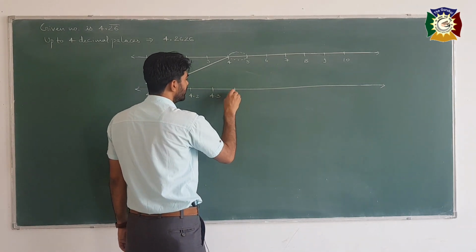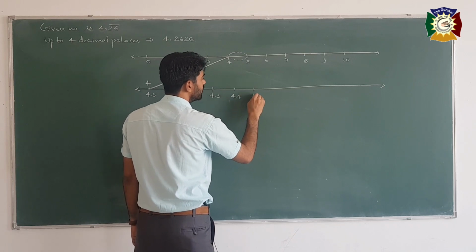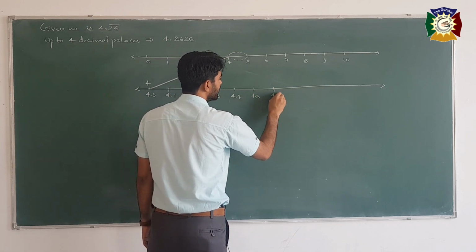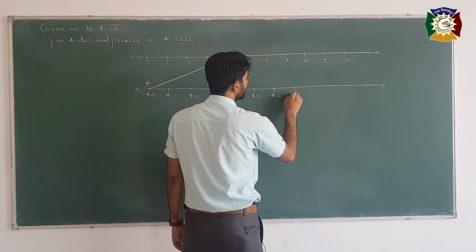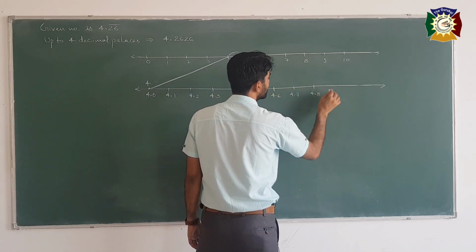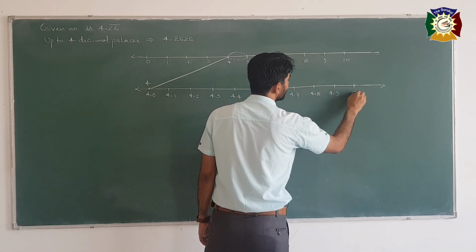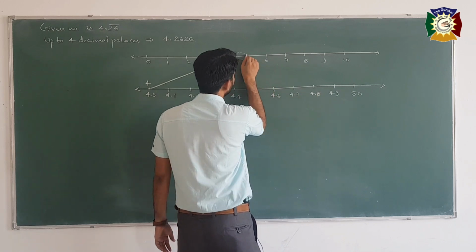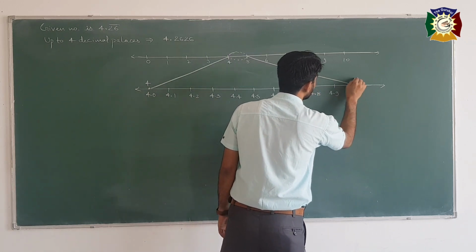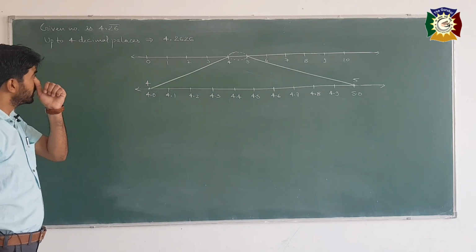Then 4.4, 4.5, 4.6, 4.7, 4.8, 4.9 and 5.0, and 5.0 is nothing but 5. This is 5.